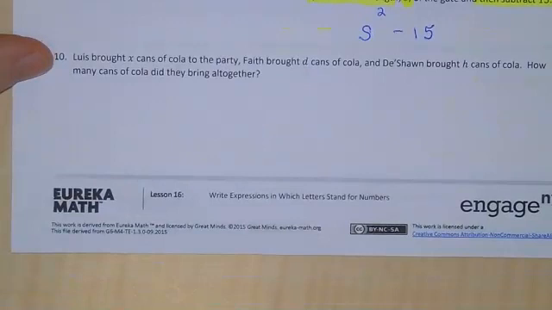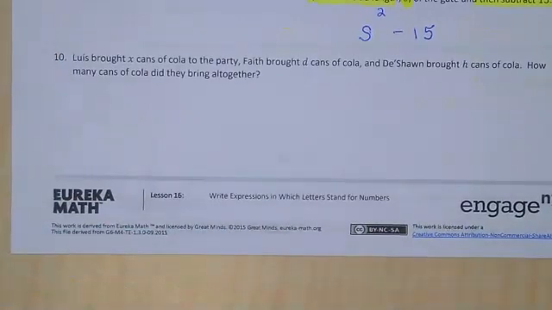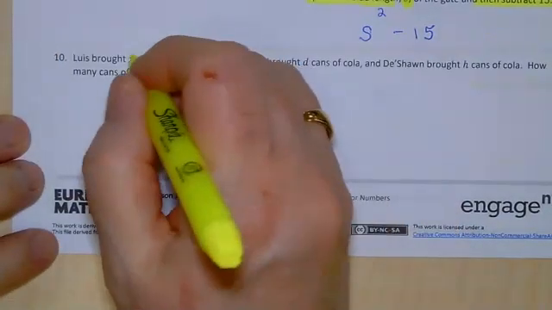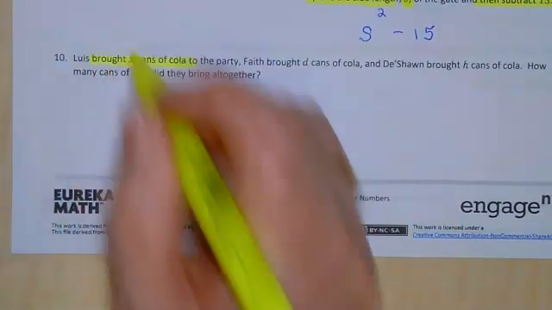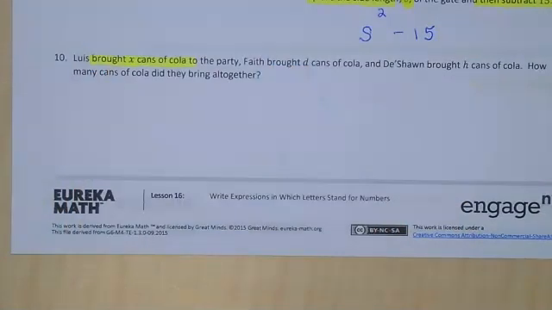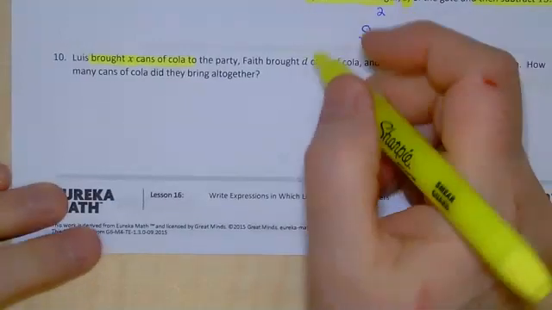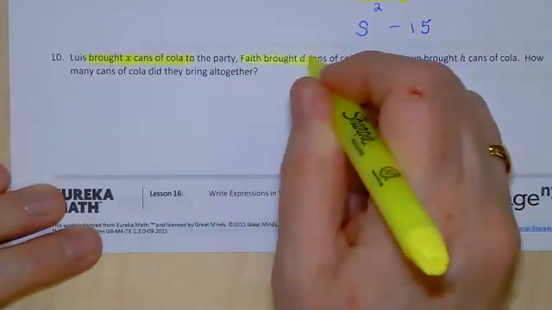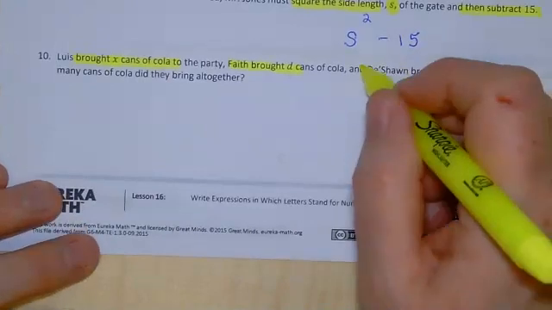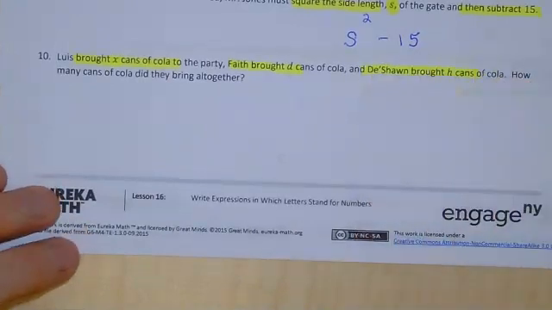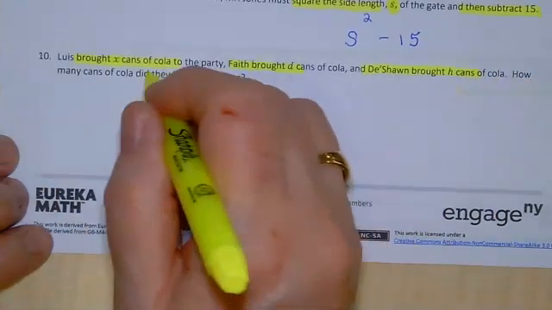Luis bought X cans of cola to the party. When he brought them, was that adding or subtracting? He brought something to the party? Okay, we got 35. Faith brought more. And Deshaun brought more. How much did they bring all together?